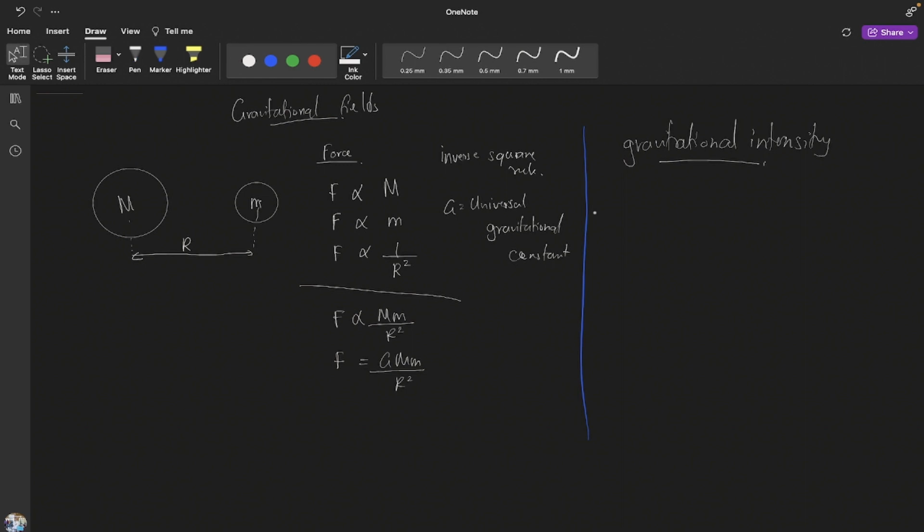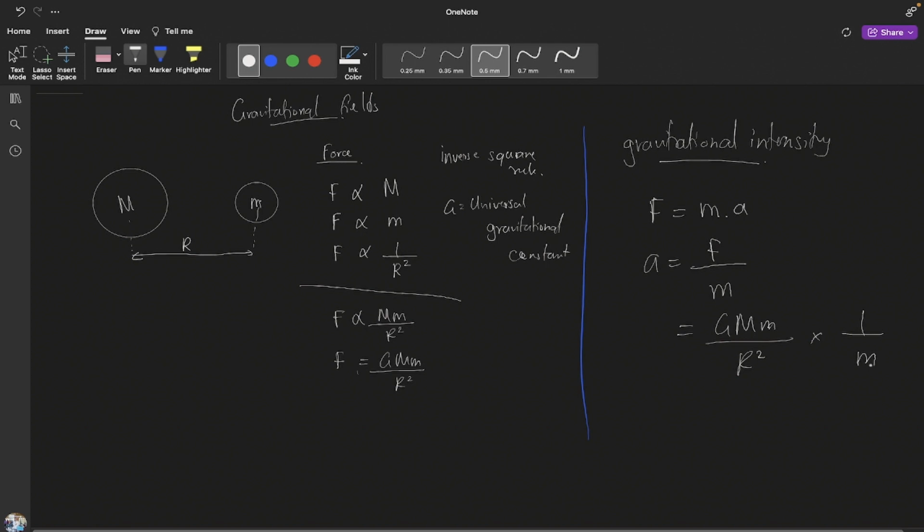When we consider Newton's second law, we know force is equal to mass into acceleration. We want the acceleration, right? So we will make acceleration the subject. Acceleration equals force divided by the mass. The force is given here, capital G capital M simple m over R squared, and we are dividing it by simple m.